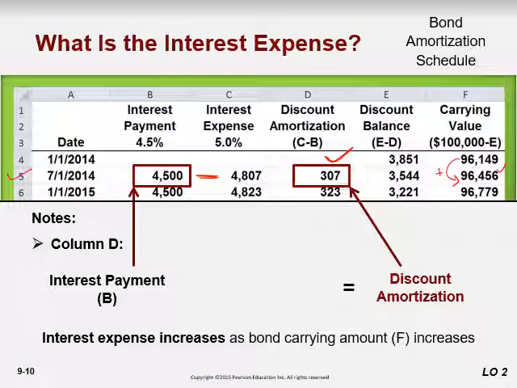When the bonds are issued at discount, the bond value plus discount starts approaching the face value and is exactly equal to face value at maturity. So at 5 years, this value will become the bond value, or the face value, or the maturity value, whatever you call it, between these three words.